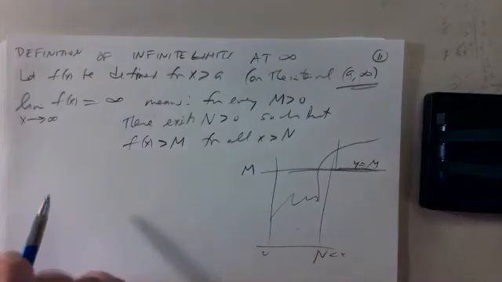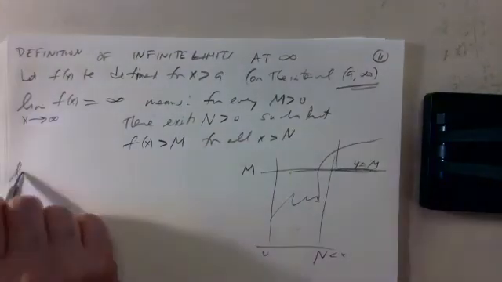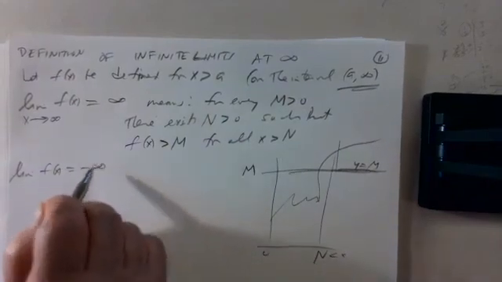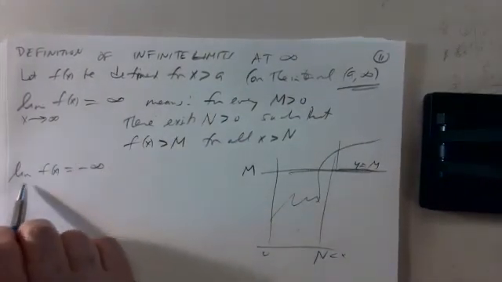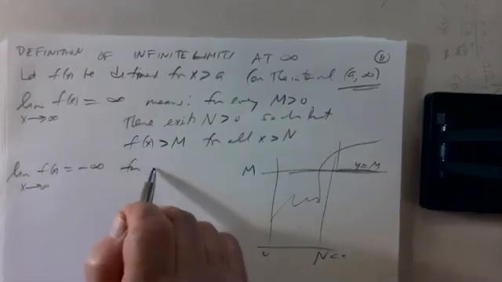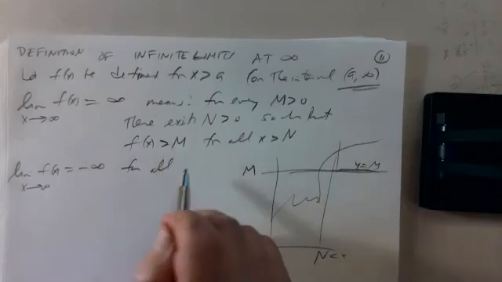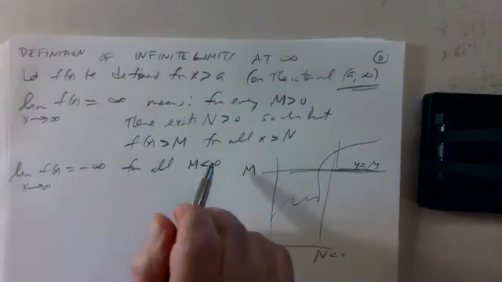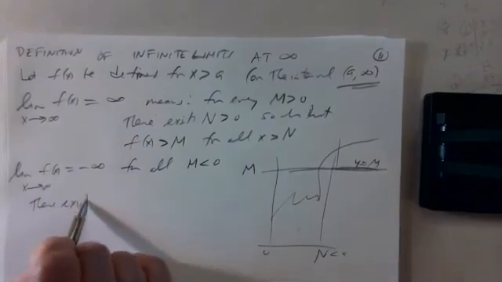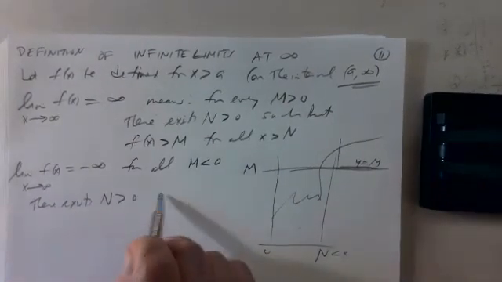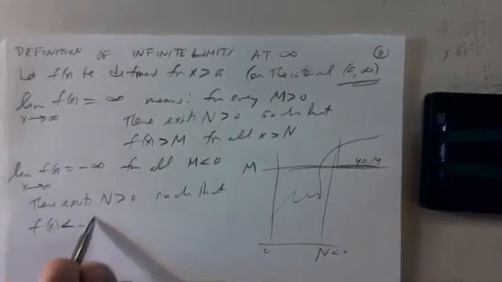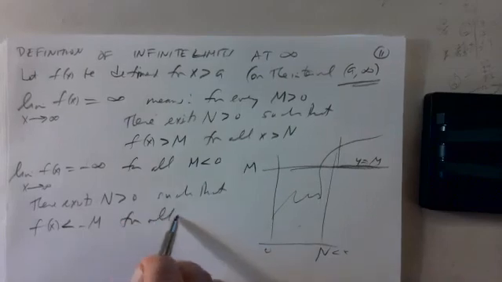And there is the analogous statement for the limit of f of x to be equal to minus infinity as x goes to infinity, namely, for all m less than 0, there exists a positive n such that f of x is less than minus m for all x bigger than n.